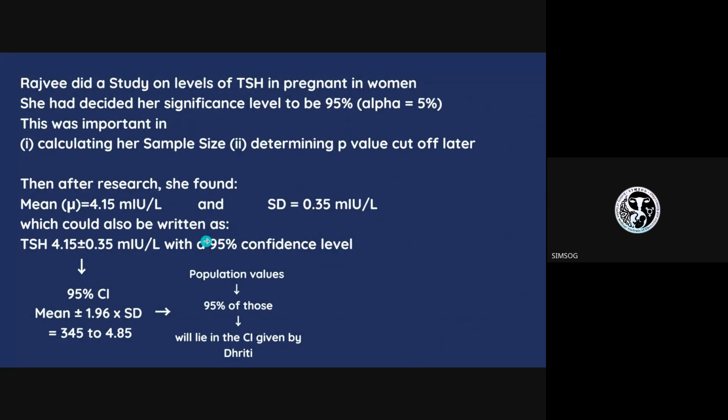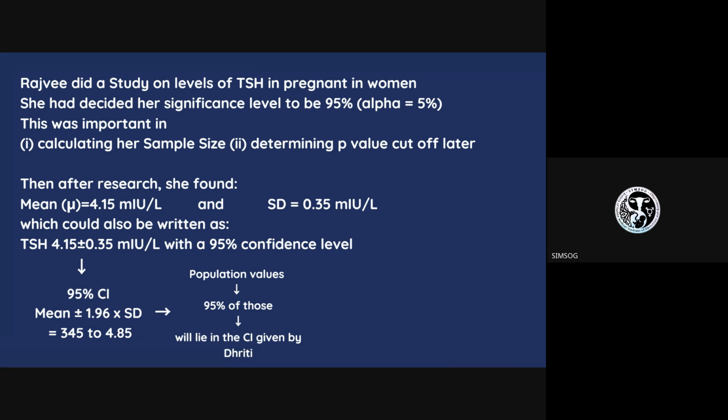But this mean and standard deviation can be used to find out your 95% confidence interval, which is mean plus minus 1.96 into standard deviation, the same thing which we did a while back. So the values would then come out to be 3.45 to 4.85, if my calculations haven't been wrong.